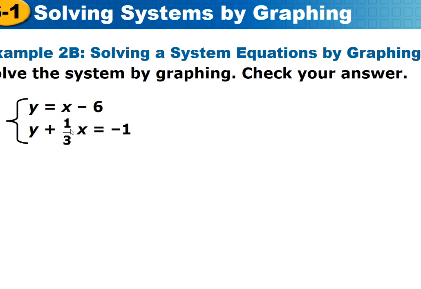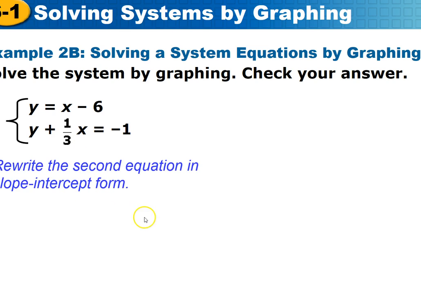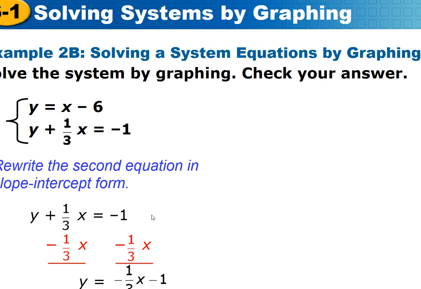See, this one says 1/3 x. So you're going to rewrite the second one in slope-intercept form. Remember that? y plus 1/3 x equal negative 1. And of course, you're going to subtract 1/3 x from both sides and get y equals negative 1/3 x minus 1.